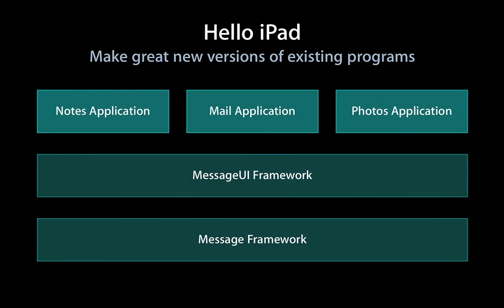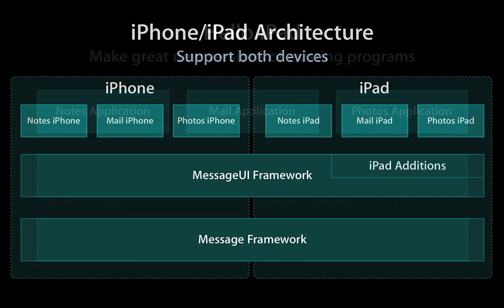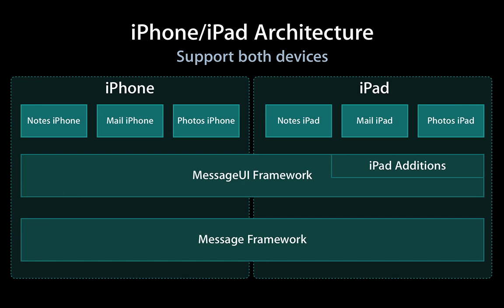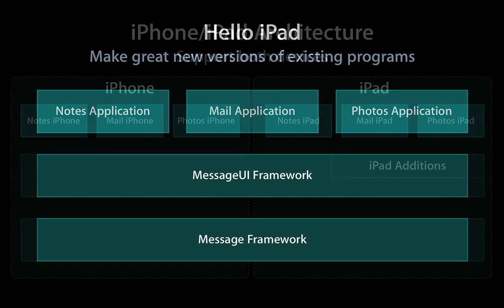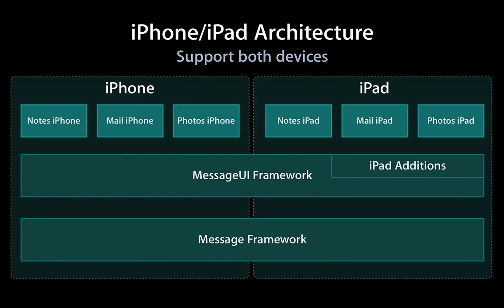OK, so now taking this iPhone architecture and moving it to the iPad, well, what we did was this. I'll do that again. So we have the same, look at those two bottom layers. The bottom level, the message framework, stays absolutely the same. It's not involved in anything that would need to change for the iPad.